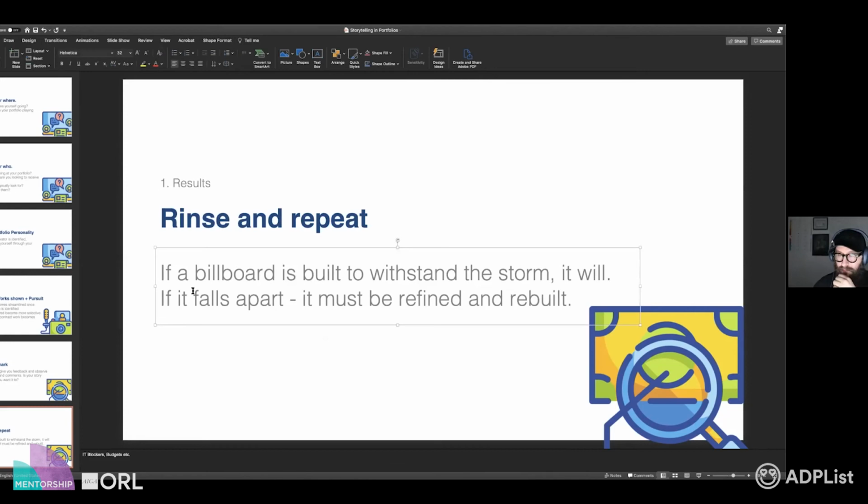And tying back to the billboard example that I gave, or I guess expression: if a billboard is built to withstand a storm, it will. You see billboards in town, and I've never seen one fall. But if you have one that's not steady, not built structurally properly, it is going to fall apart.